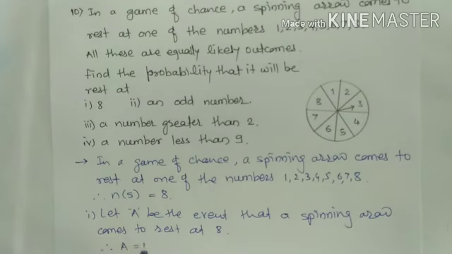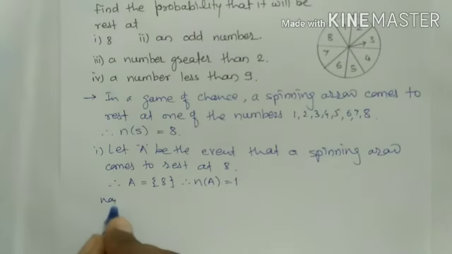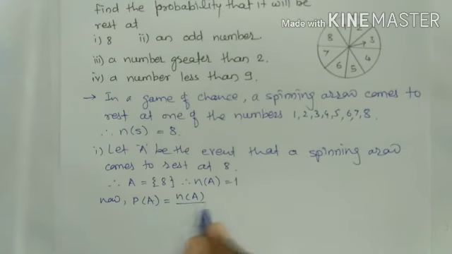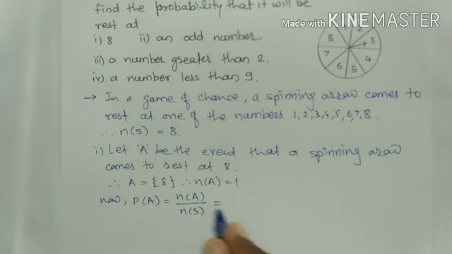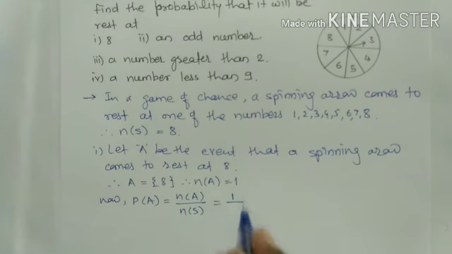Therefore, A is 8, and number of A equals 1. Now, probability of this event, probability of A equals number of A upon number of S. Here number of A equals 1, number of S equals 8. Therefore, probability of this event is 1 upon 8.